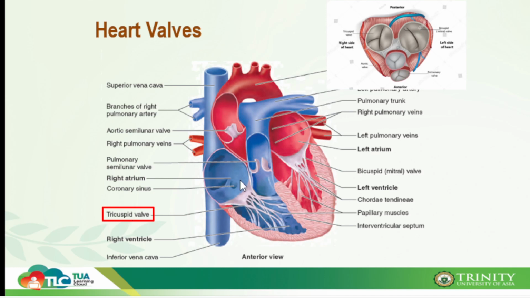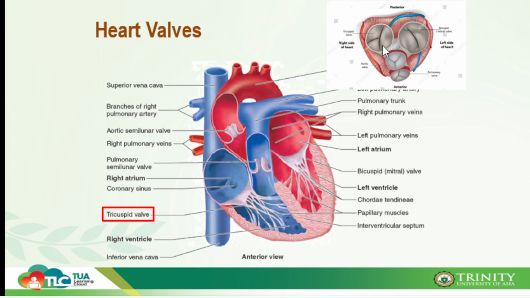Okay? So blood from the right atrium will only be able to enter the right ventricle once the tricuspid valve opens up. And once inside the right ventricle, they could no longer backflow to the right atrium because the tricuspid valve prevents blood from backflowing. Now, why is it called tricuspid?